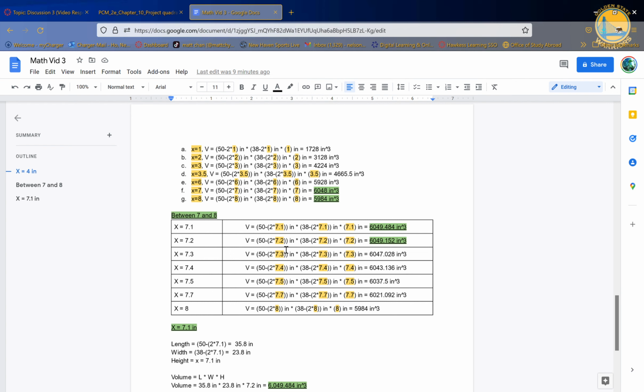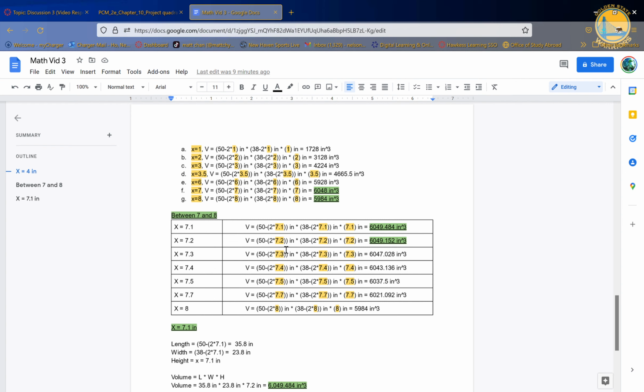And 7.3, 6,047.028 inches cubed. 7.4, 6,043.136 inches cubed. 7.5, 6,037.5 inches cubed. 7.7, 6,021.092 inches cubed. And lastly 8, which is 5,984 inches cubed.